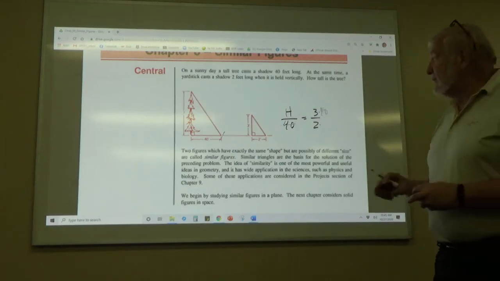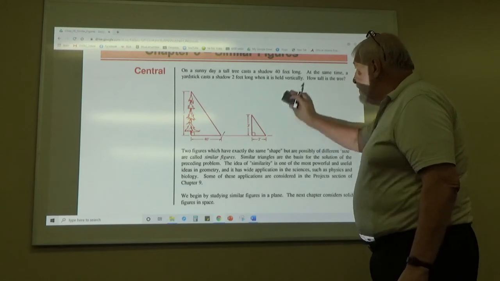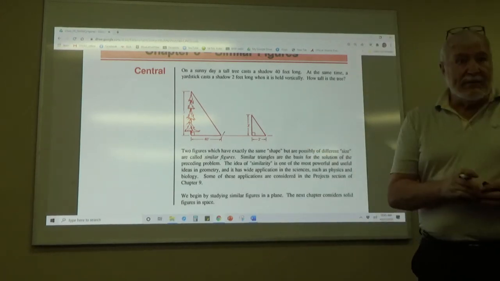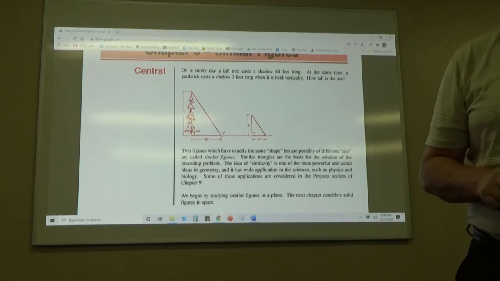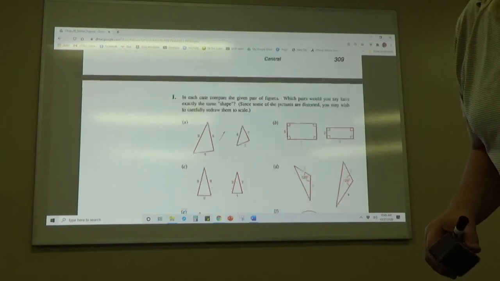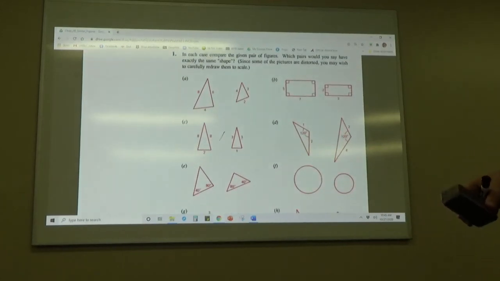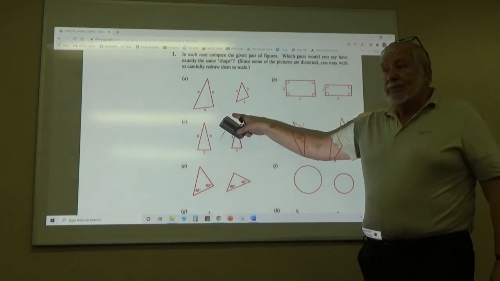Okay, so what we're going to be talking about in this chapter are figures that are similar in nature, so therefore we can set up proportions to be able to find missing parts. Okay? Now, part 1 asks you, how do you know whether or not these shapes are proportional?